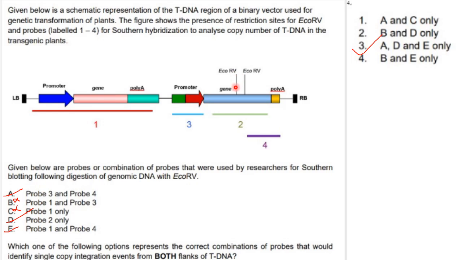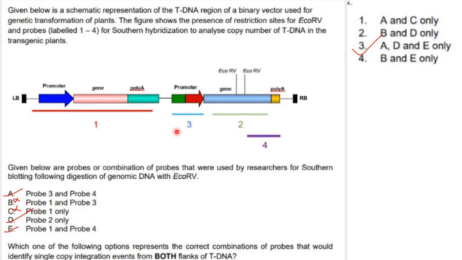There are two spots, that is over here as well as here. So one probe should recognize this portion and the other probe should recognize this portion. So you need two probes, or a single probe, as in probe 2, which will identify both the ends, that is the left border side as well as the right border side. Okay, we will see which two probes will identify.